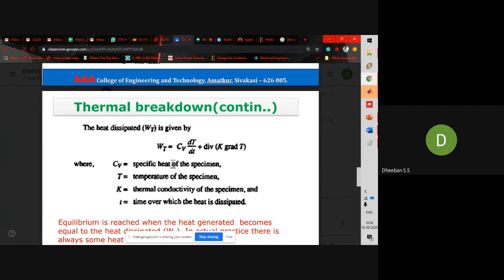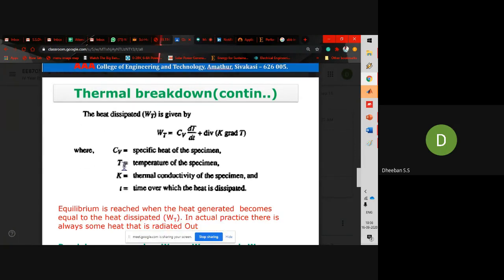So this specific heat value you can see in a logbook table. T is the temperature of the specimen, and K is the thermal conductivity.